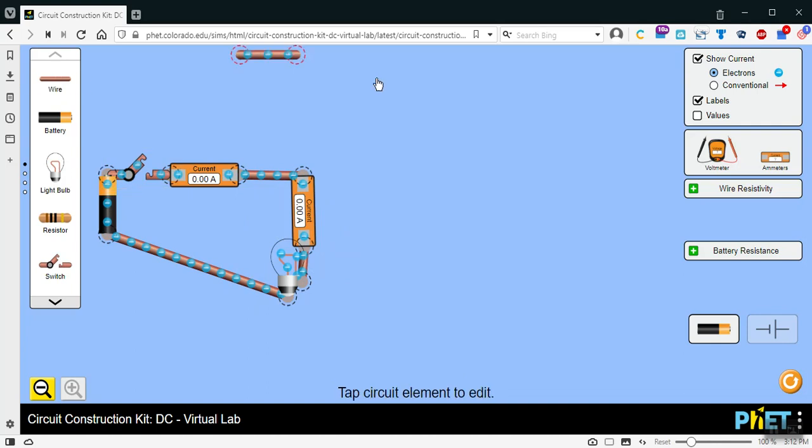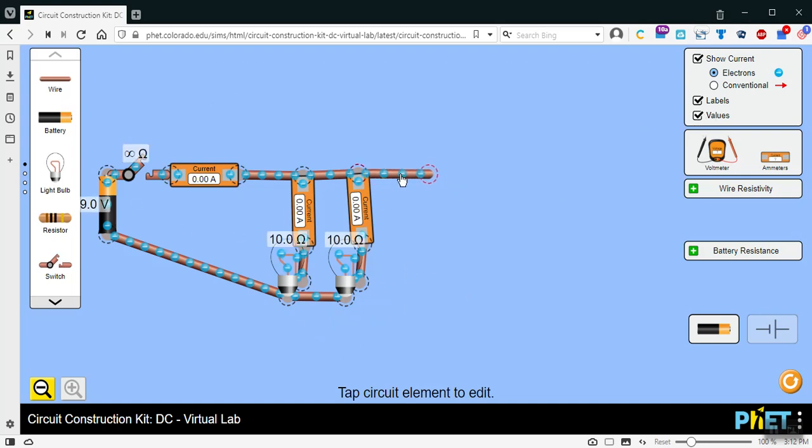Now start adding my other ones. So I have my second wire there, and another ammeter, and another light bulb, and hooking all this up. And remember, click on values so you can see all your values.